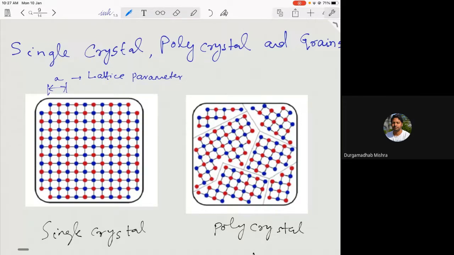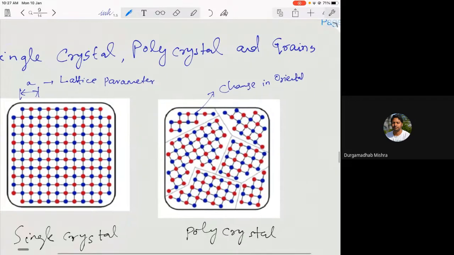This orientation, we normally represent by, or call, the lattice planes. So what you have is a change in orientation. Somewhere the atoms are arranged differently, and we call these lattice planes.